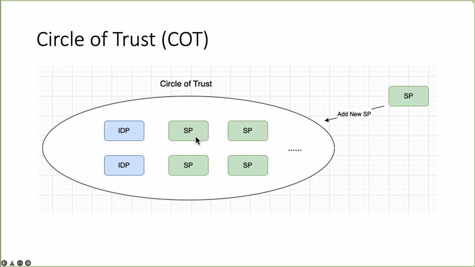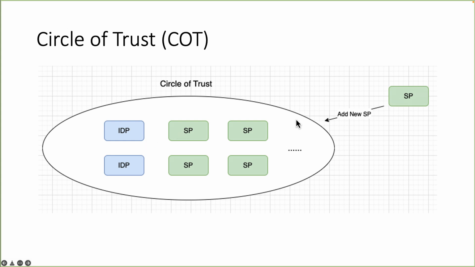Whatever they are, as long as they are in the same circle of trust, they can start to do SAML workflows among each other. Say, for this SP, I want to work with this IDP. I can simply trigger that flow by specifying which IDP I want to work with, and then that SAML flow will start.